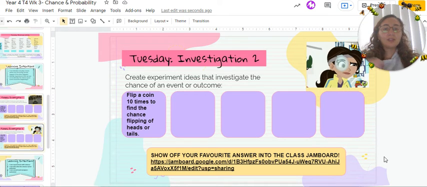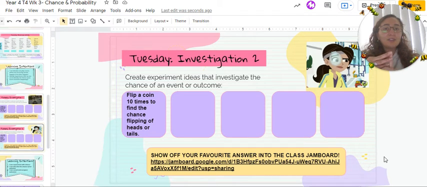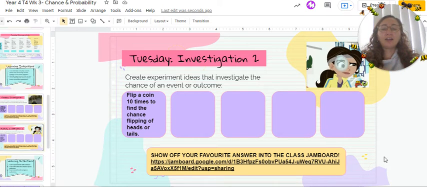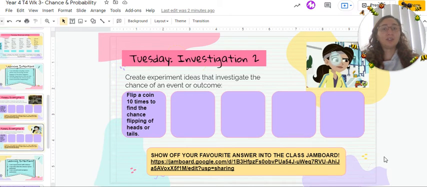You can use dice, which are great, coins are also fantastic, colors, if you have a bag of jelly beans with 5 red and 3 blue, what are the chances of you getting a red jelly bean?